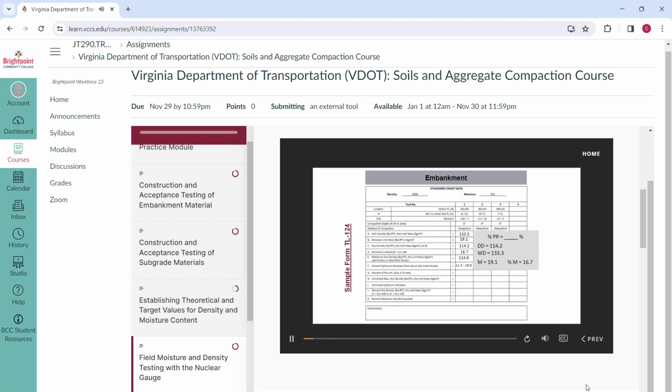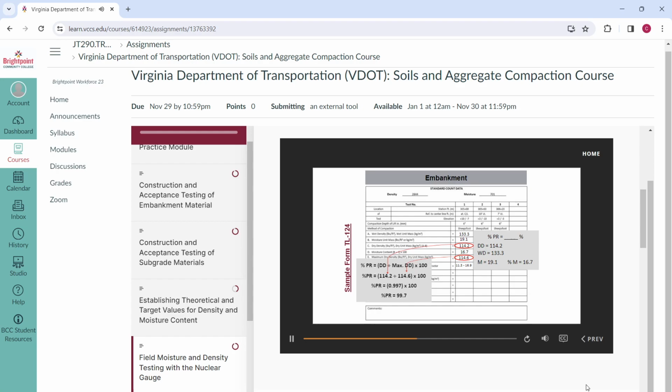The last thing that we need to do is determine whether or not our test passes. We do this by taking our dry density, dividing it by our maximum dry density, and then multiplying by 100. Our dry density was 114.2 pounds per cubic foot, and our maximum dry density was 114.6 pounds per cubic foot.